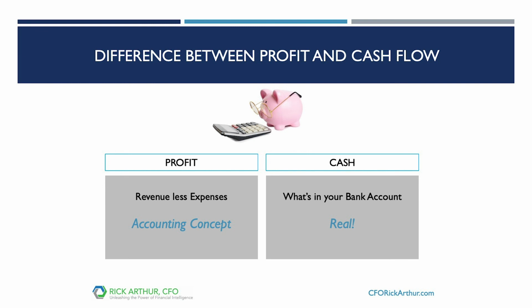What's in your bank is what we call real. We all know that. That is the basic difference, is that cash is real. That's what we have to spend at any given time. So profit is a concept. It's a theory. I don't want to use the word manipulated, but it can be influenced as to how that gets recorded.